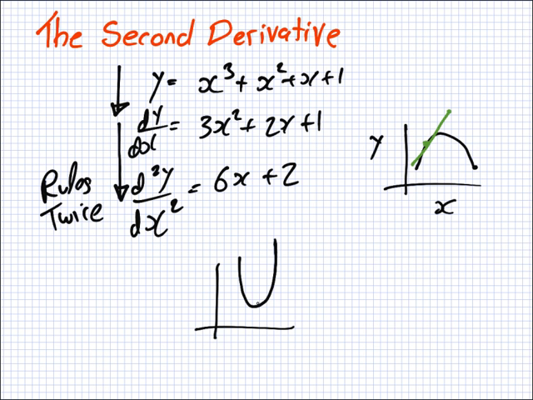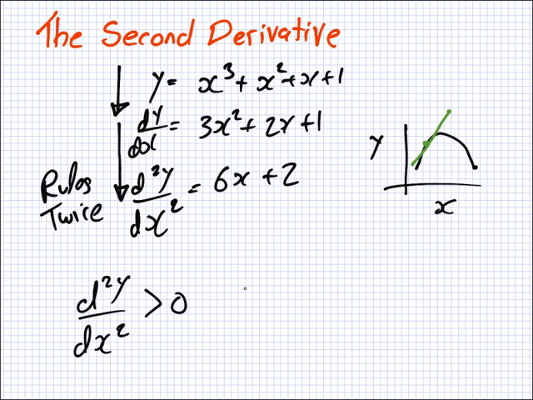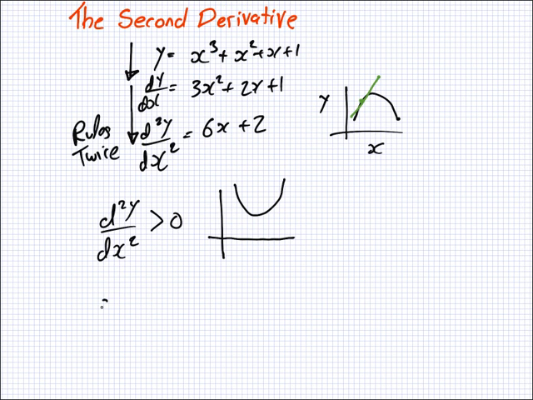In fact, if the second derivative is a positive number, then I know that the graph will be curved like this. Whereas if it was a negative value, I know the graph will be curved this way, a sort of downward. Now these shapes actually have names.